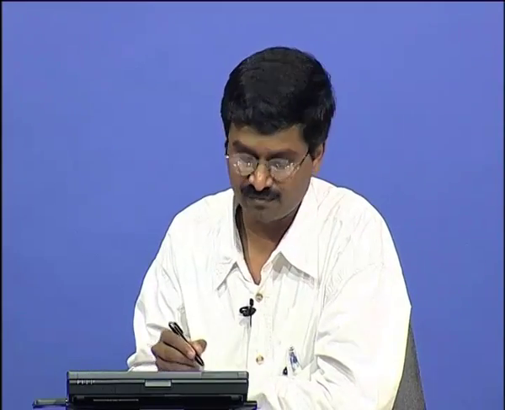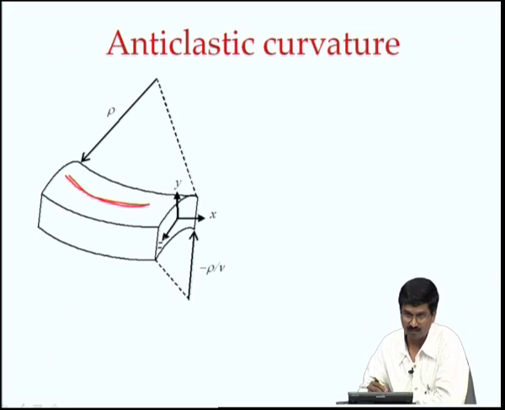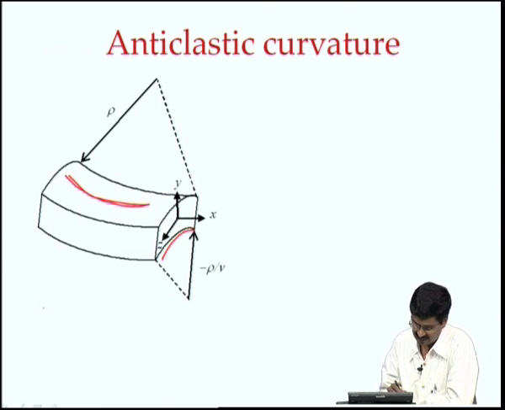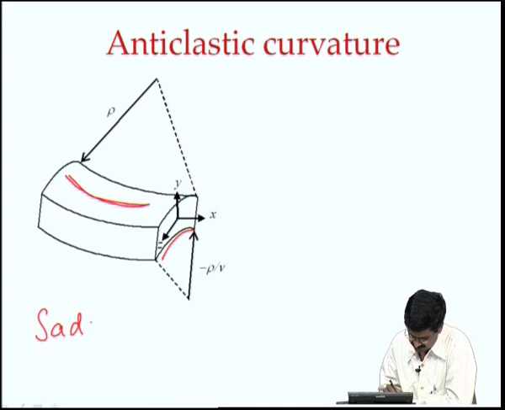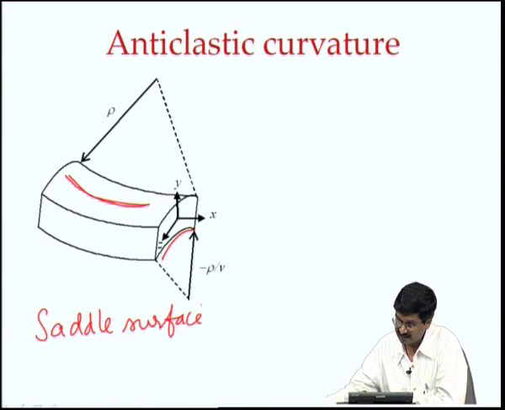So, let us look at the figure now. On the screen a little element is shown, where we have bending in this manner, and this other direction will bend in this manner, creating a saddle surface like a horse saddle. This is the effect of the residual strain and the Poisson effect.